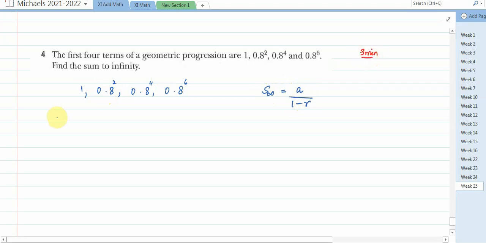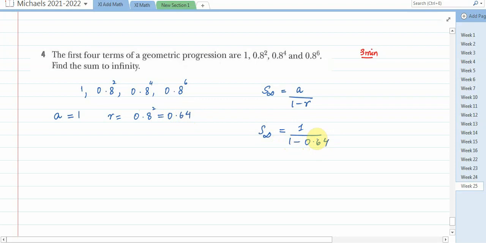Alright, first I need to make the data here. A is 1 and R is 0.8 to the power 2. And 0.8 squared is 0.64, let me confirm, yes, it's 0.64. Now you need to place your values here. So S infinity equals A, which is 1, divided by 1 minus R, which is 0.64.